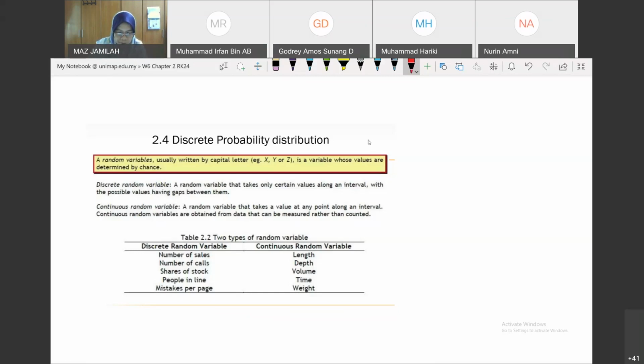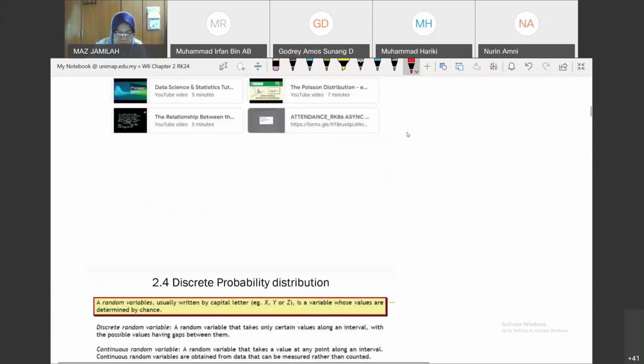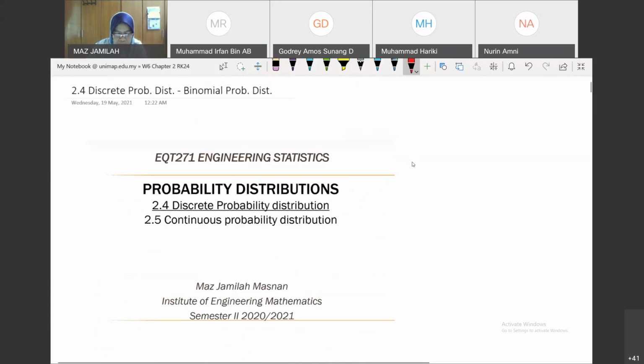Now, what is a discrete probability distribution function? Your big topic is the probability distribution, and we will have two types: the first is the discrete probability distribution, and the second is the continuous probability distribution. Why do we need to understand these two?